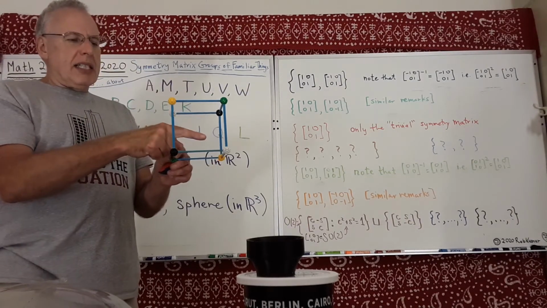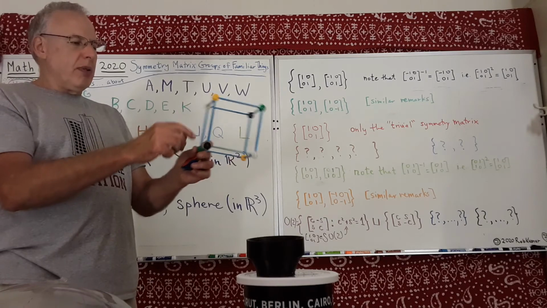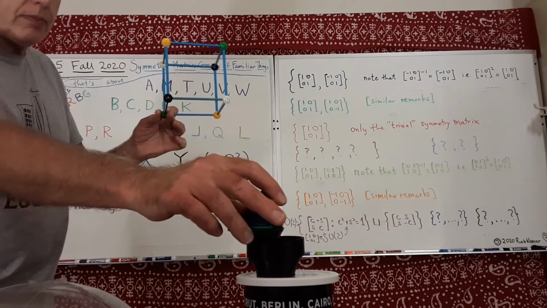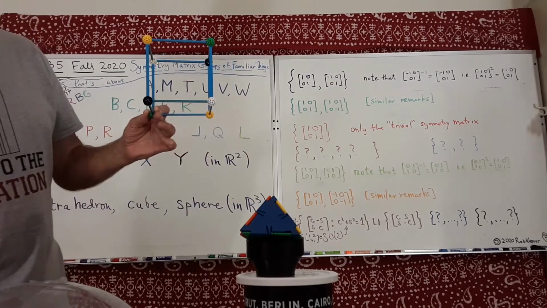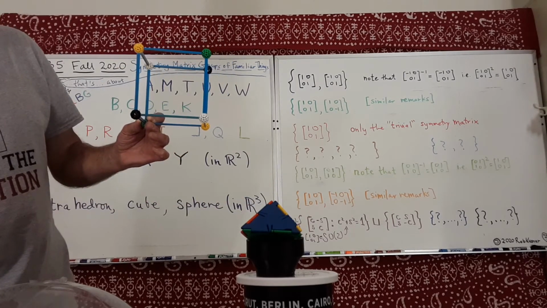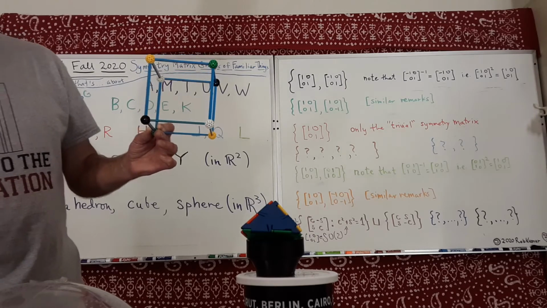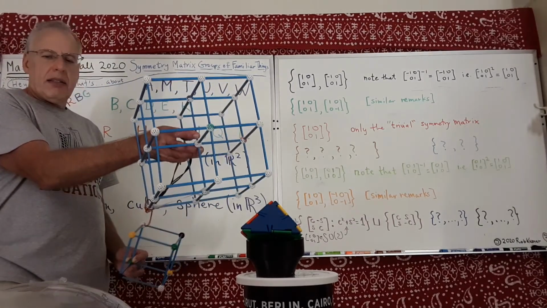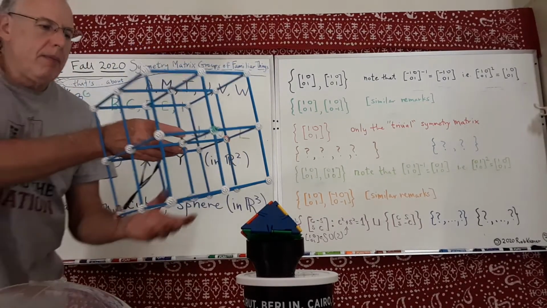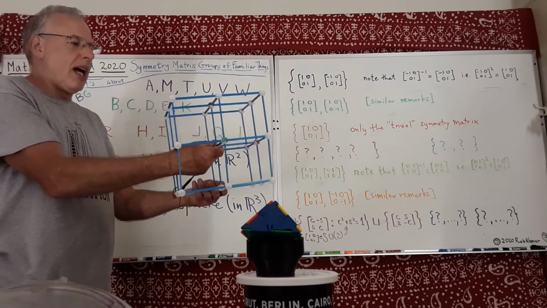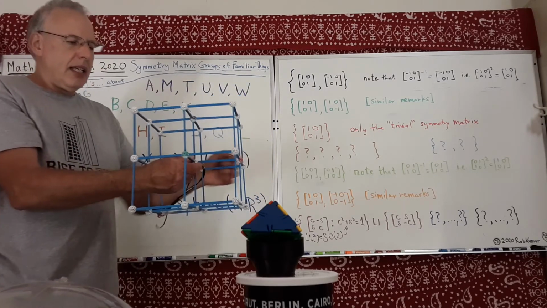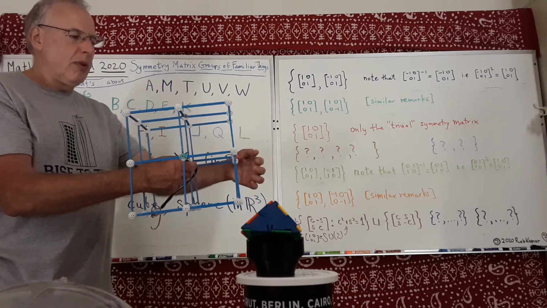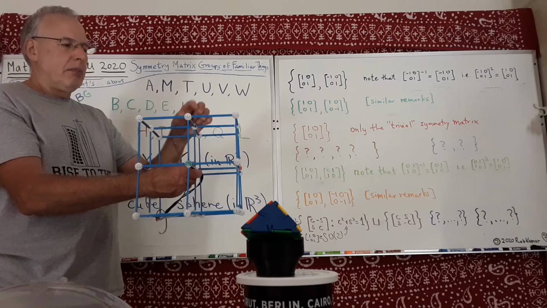this cube, I want to make the center at the origin rather than the cube with one of the corners at the origin. So let me replace this cube in your minds with this cube that you've seen before, namely the cube that has one of these little white blobs at the origin, and then here's the green blob at E1, the red blob at E2, and the purple blob up at E3.